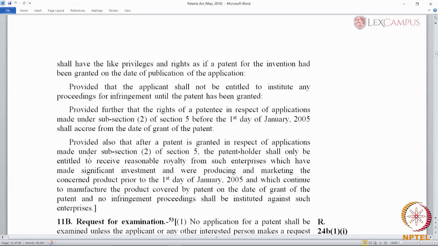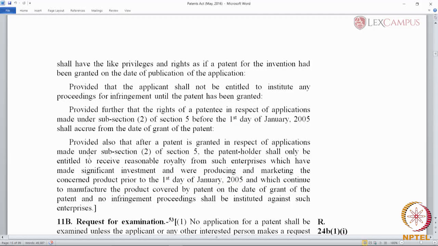Proviso 1 states, provided that the applicant shall not be entitled to institute any proceeding for infringement until the patent has been granted. Now, it is made very clear that you cannot institute infringement suits, which is under section 104, and you cannot claim a relief in section 108 until the patent has been granted.